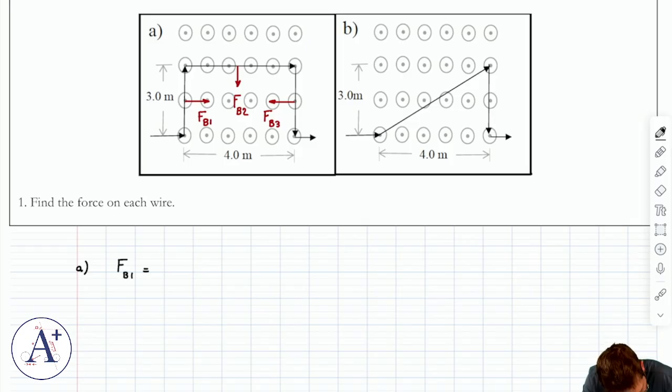FB1 is going to be I times, I'm going to call this L1, I'm going to call this L2, and so this is going to be I L1B sine of the angle between the current and the magnetic field, which is out of the page, so sine of 90.